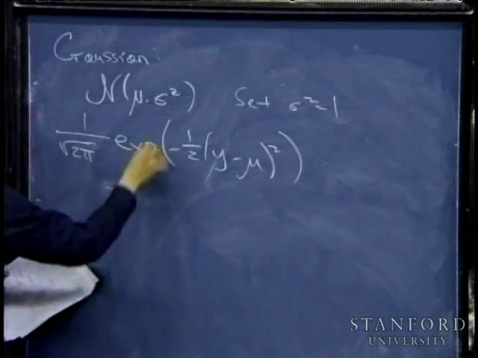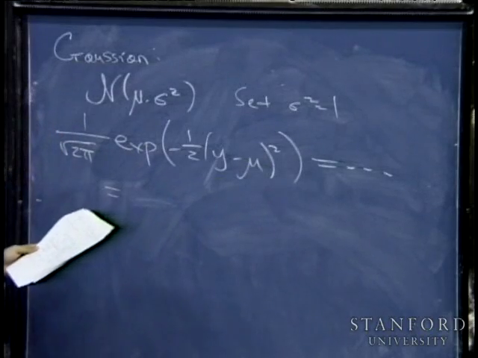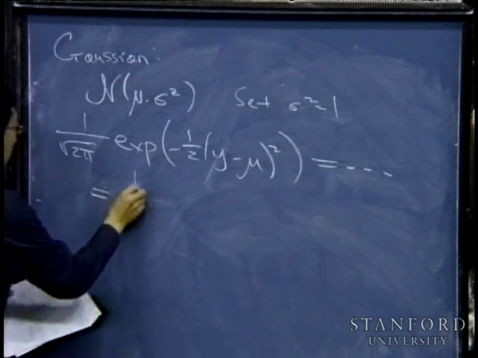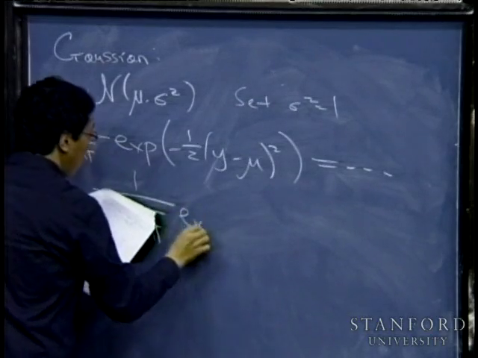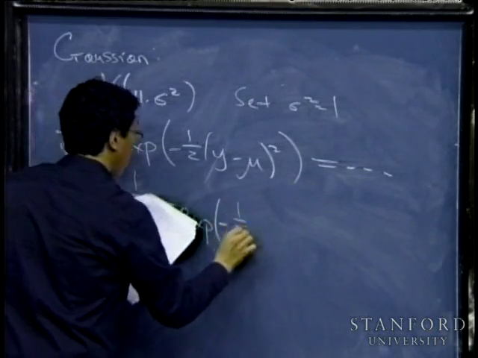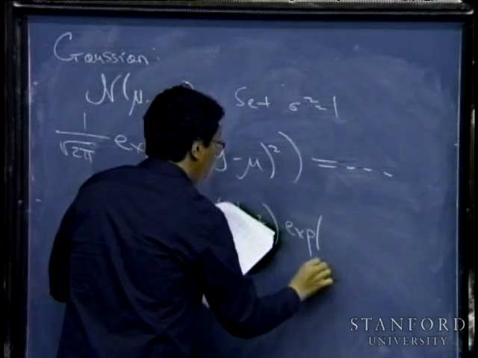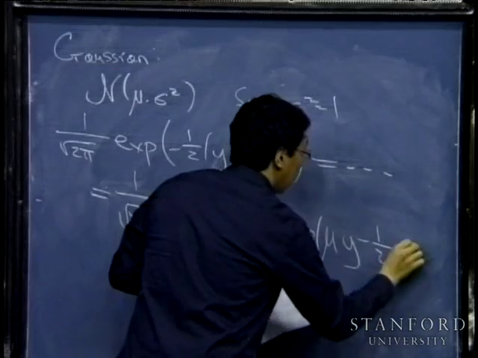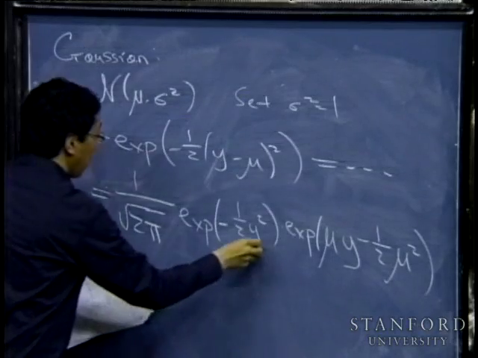Via a couple of steps of algebra, which I'm not going to do, but it's written out in full in the lecture notes you can download, this is 1 over root 2 pi e to the minus 1/2 y squared, times e to the mu y minus 1/2 mu squared. Okay, so I'm just not doing the algebra.